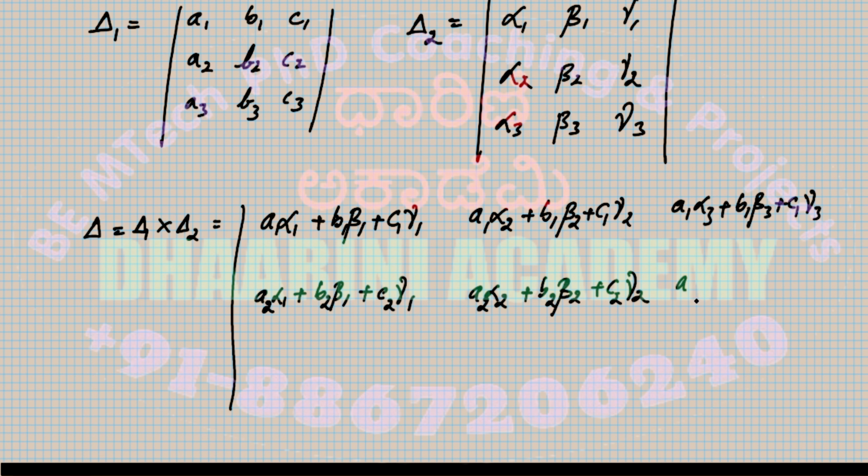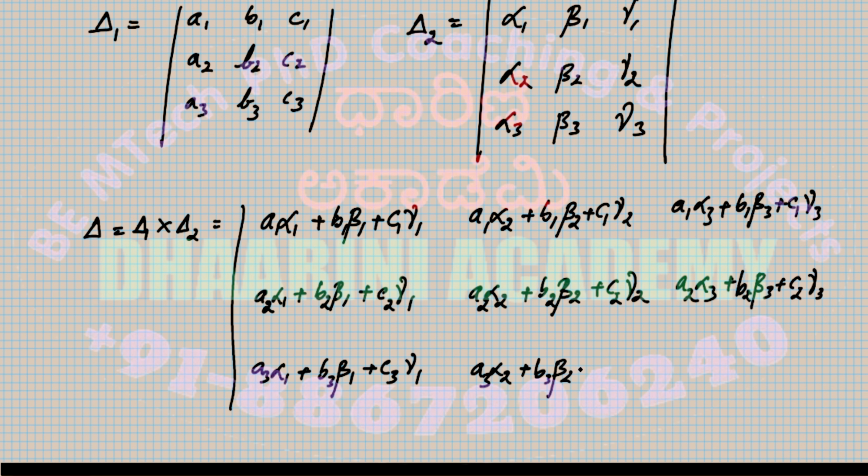Then A2 alpha 3 plus B2 beta 3 plus C2 gamma 3. Third row: A3 alpha 1 plus B3 beta 1 plus C3 gamma 1, A3 alpha 2 plus B3 beta 2 plus C3 gamma 2, A3 alpha 3 plus B3 beta 3 plus C3 gamma 3.